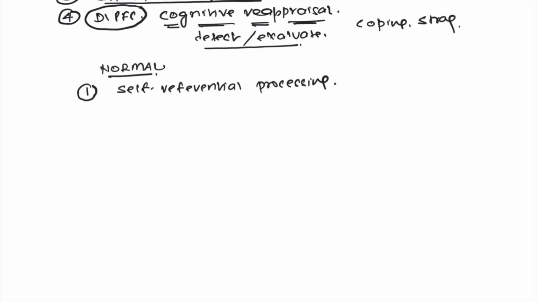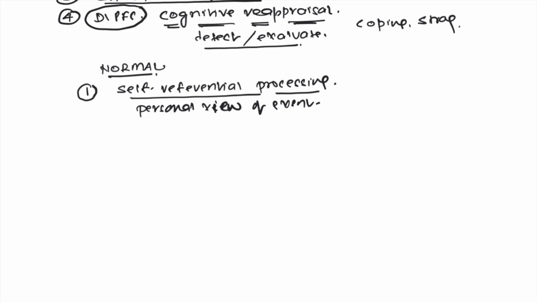right? The other way of thinking about it is that when you receive a stimulus and you're thinking, it's basically your personal view of the event. Let me give you an example.